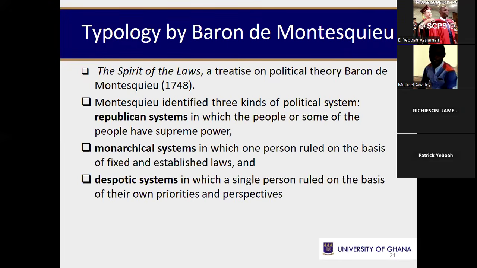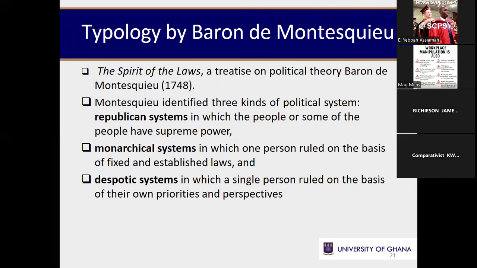When did Ghana attain independence? 6th March 1957. Good. And when did Ghana become a republic? July 1960. Fantastic.